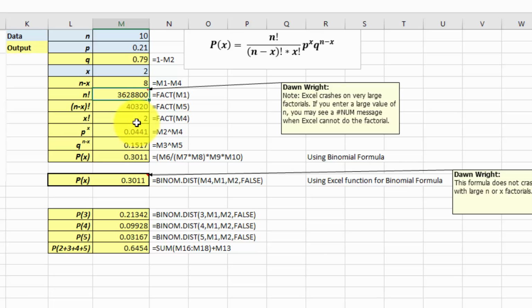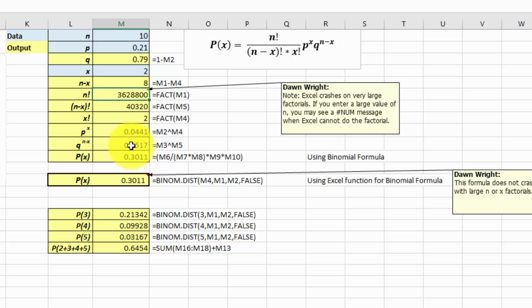For p to the x, I've got my p up here to the x value, and that's just cell m2 raised to the m4 value. There x is 2, so I raise p, the 0.21, to the 2 power, which gives 0.044. Similarly, I raise q to the n minus x. There's my n minus x value, so it's just m3, which is q, raised to the m5 value to get that value.